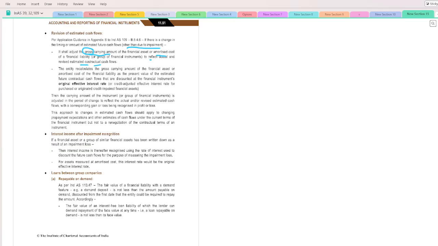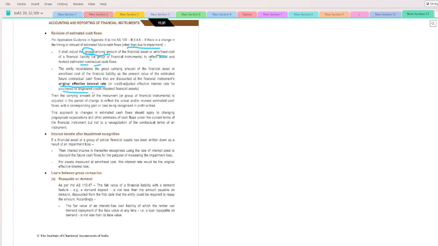The entity recalculates the gross carrying amount of the financial asset or the amortized cost as the present value of the estimated future contractual cash flow, discounted at the financial instrument's original effective interest rate, or the credit adjusted effective interest rate for purchased or originated credit impaired financial assets.